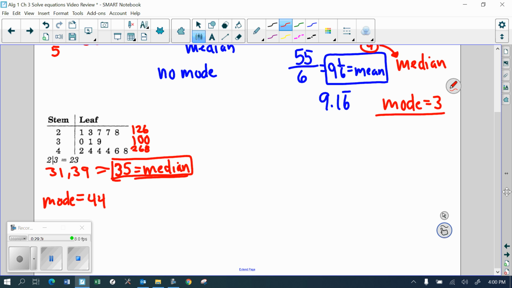Okay, working on the mental math skills right there. Now the rest of you just put it in your calculator.